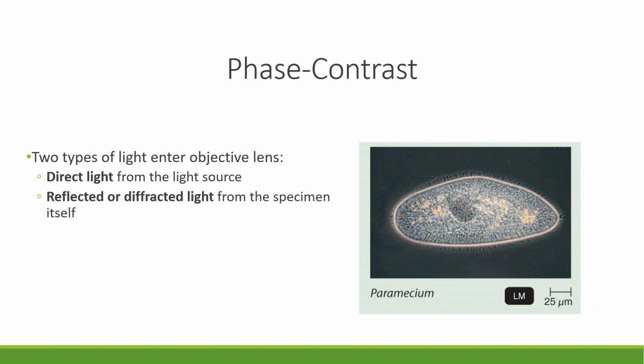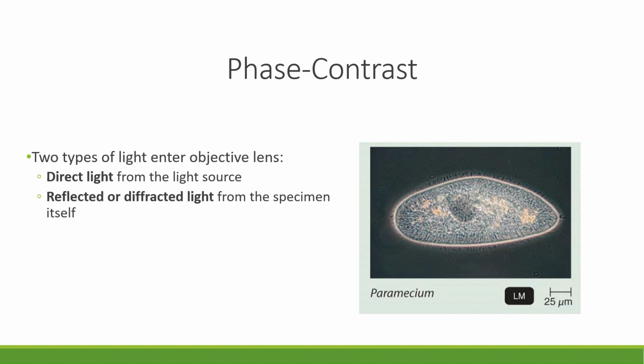It shifts the phase, which we'll talk about in a moment, of the direct light slightly compared to the diffracted light, which enhances the interference between the two. This interference amplifies subtle differences in light intensity, making variations in the thickness or density of the specimen more visible.